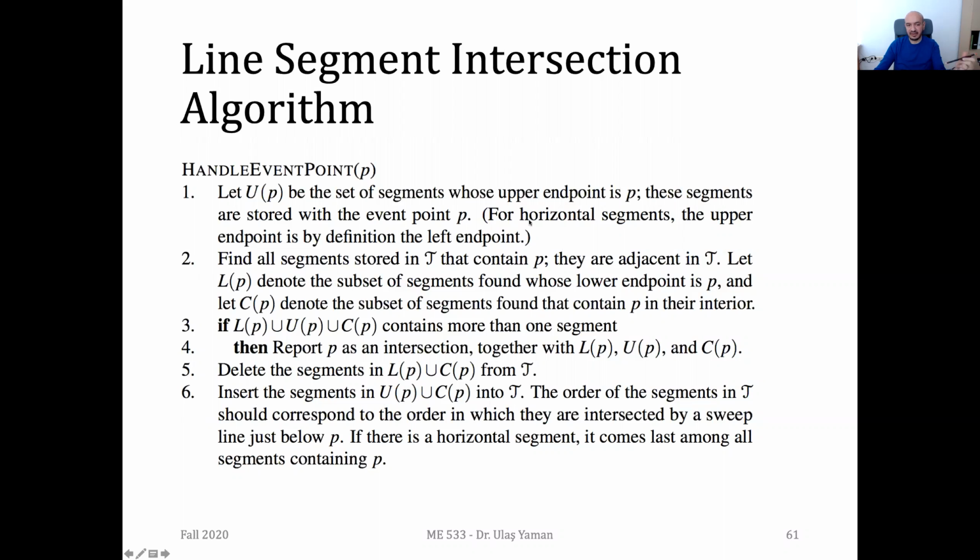Since this was an upper event point, we will be adding the line segment into our status data structure. If it's a lower endpoint, then we are simply removing it. But if it's an intersection point, then we need to report it. So now, this is actually about the horizontal segment, but we are not going to discuss it since it's a bit tricky.